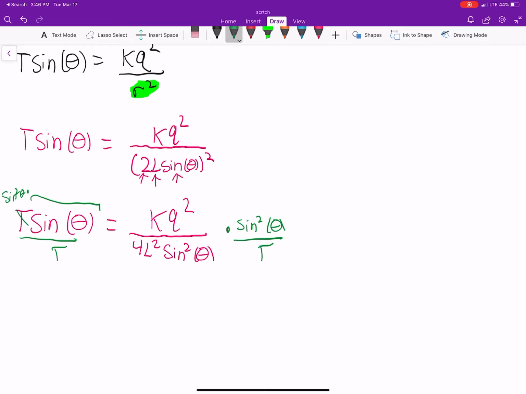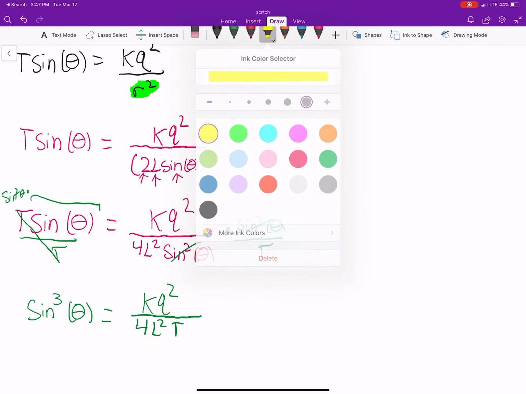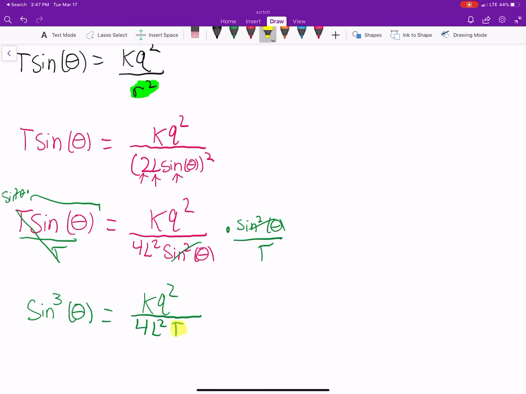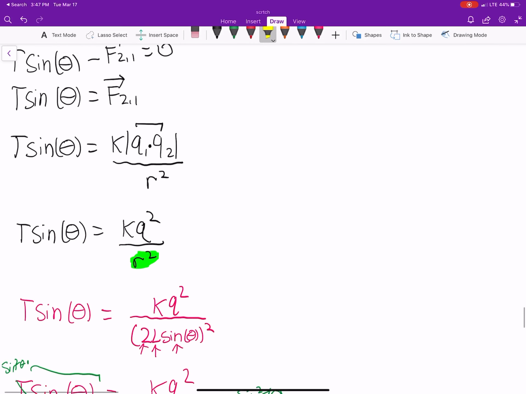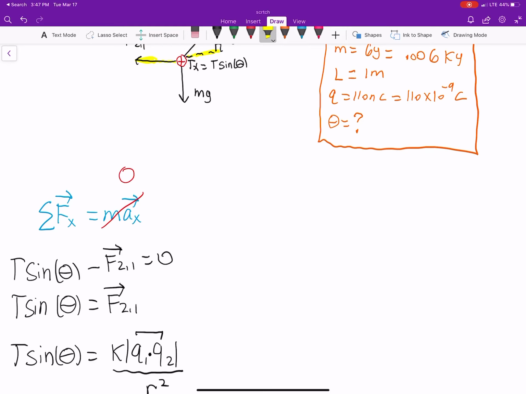So the T's drop here, and I'm left with sine cubed theta equals, the sine squareds drop here, and I have 4L squared times tension equals k q squared. Now, one problem is, what is tension? We don't know tension.